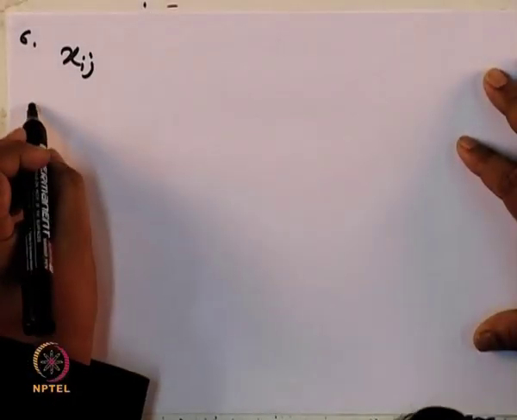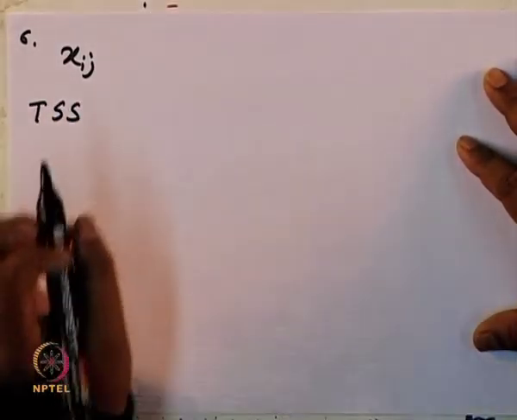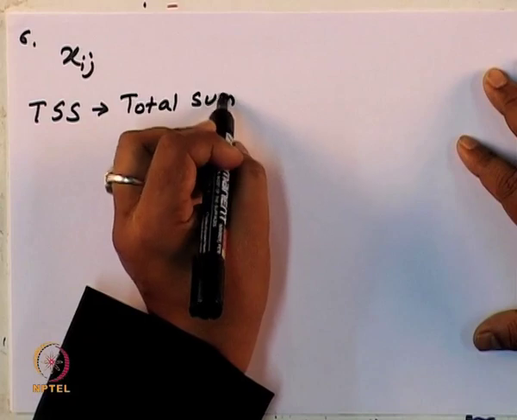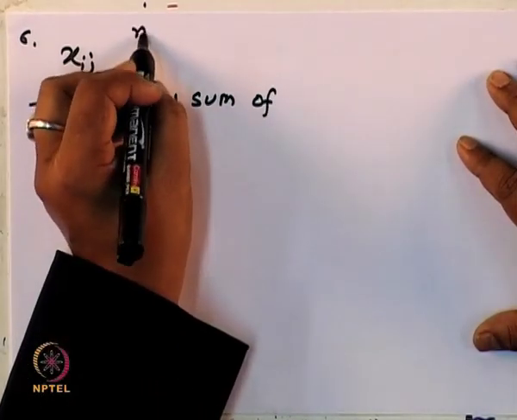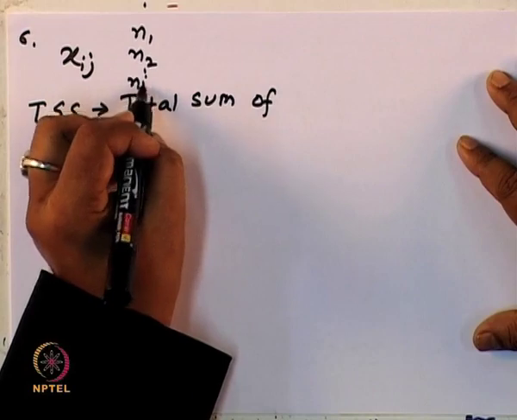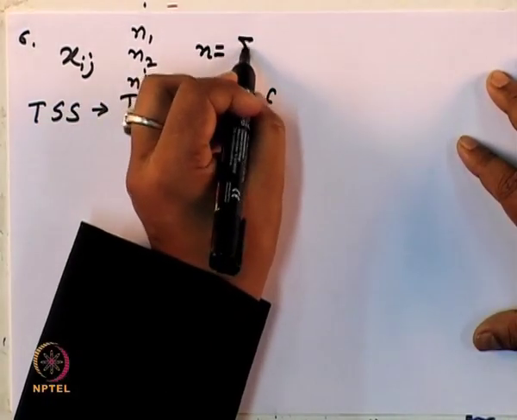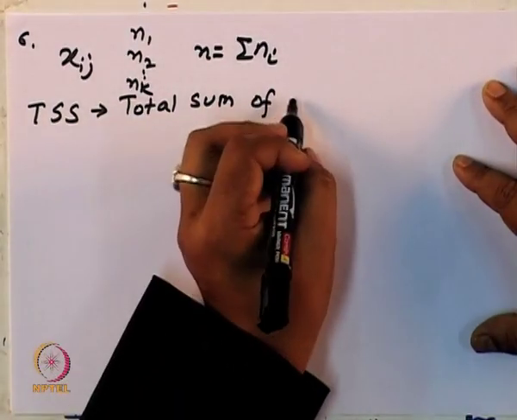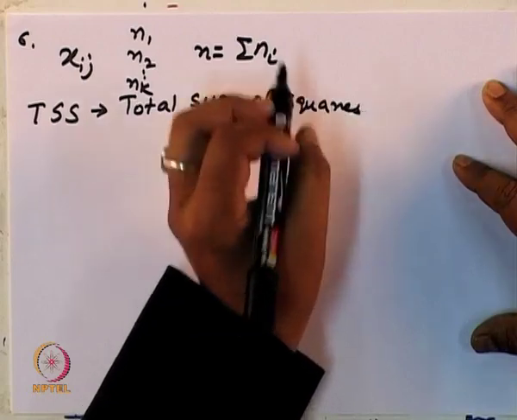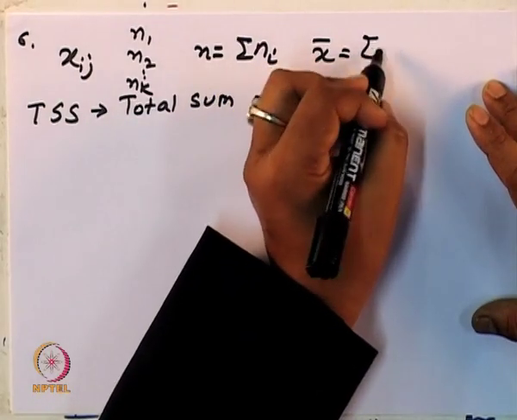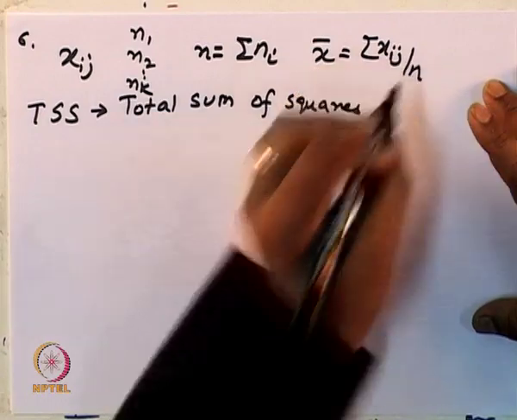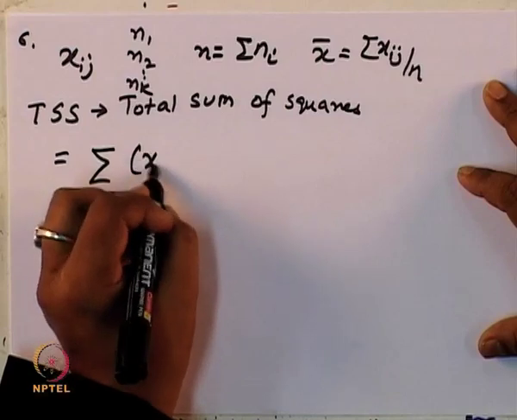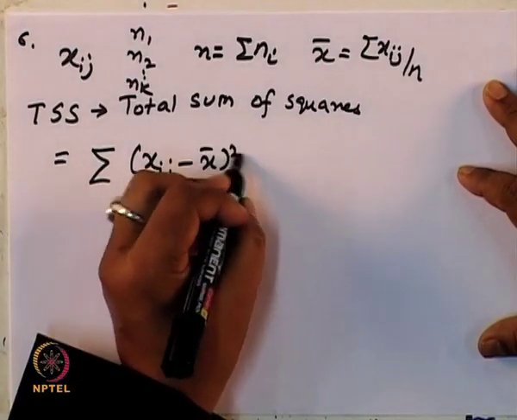So, you calculate the following quantities. TSS is the total sum of squares, and you have samples drawn of sizes n1, n2, ..., nk. You define n as the summation of all ni. TSS is defined as the total sum of squares. Let us say x bar is the summation of xij divided by n. So, TSS is defined as the summation of (xij minus x bar) whole square.